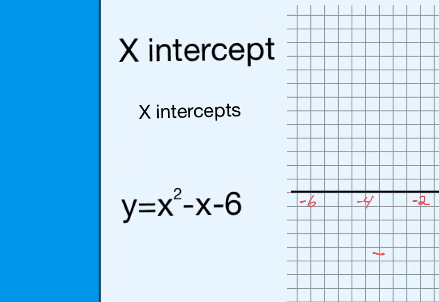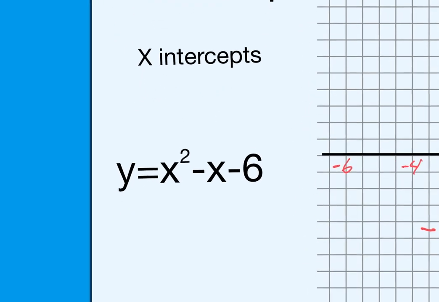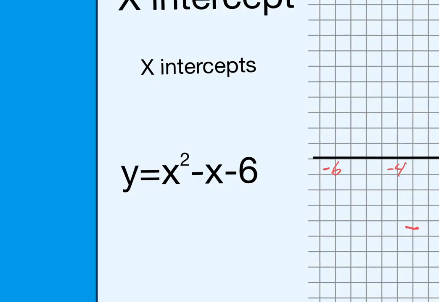Okay, let's take a look at the x-intercept or x-intercepts. Sometimes there's 0 x-intercepts, but we'll deal with that in a different video. Right now we're going to take things simple, and we're going to take a look at x squared minus x minus 6. Where are the x-intercepts? The x-intercepts are when y is equal to 0, right? That's when it crosses the x-axis.